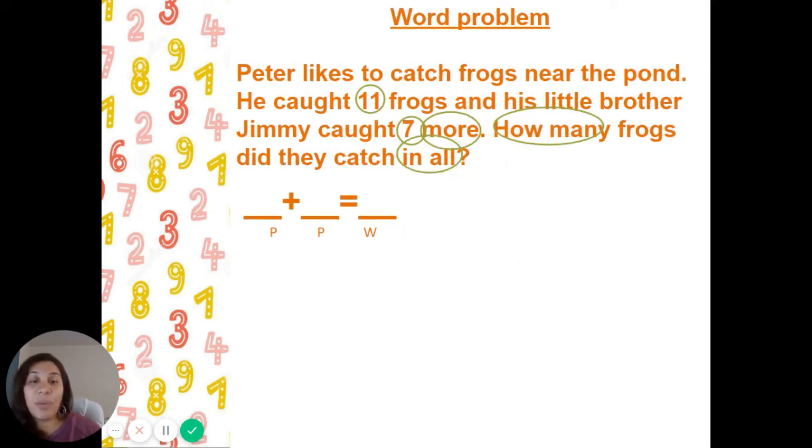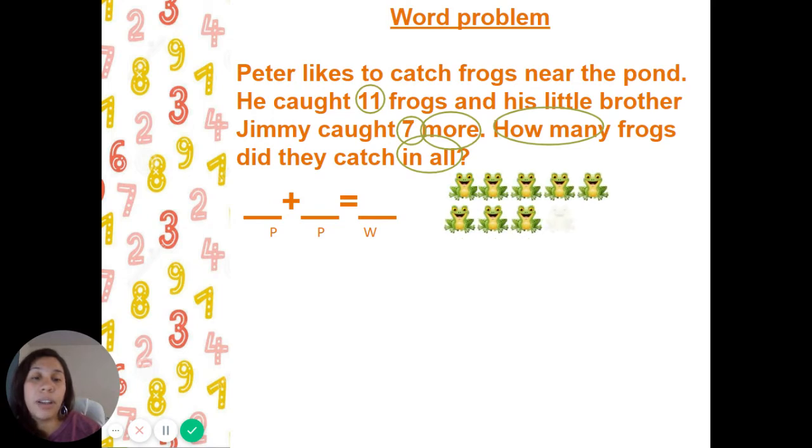So let's start with our problem. The first thing that we have here is that Peter has 11 frogs. 11 frogs, okay? So let's start by drawing 11 frogs. 1, 2, 3, 4, 5, 6, 7, 8, 9, 10, 11.